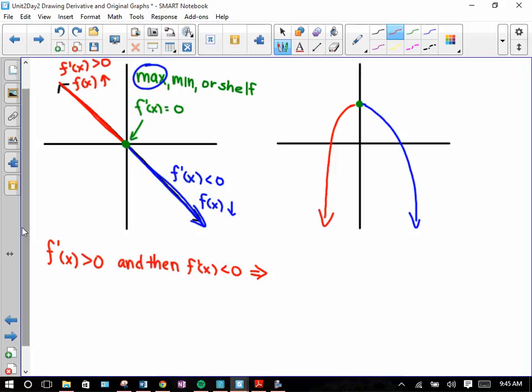A maximum. Again, going from f prime greater than 0 to f prime being negative, we have a maximum.